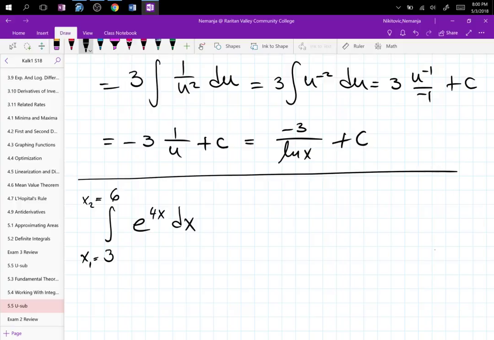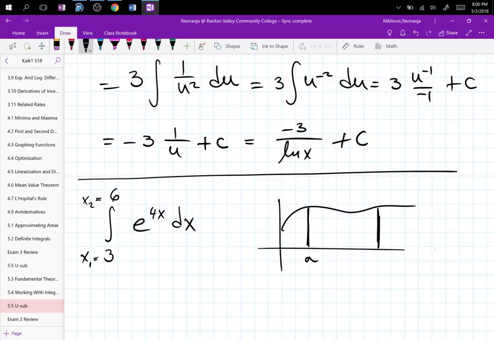Remember where the definite integral is coming from: computing area under the curve from point A to point B, so that you can write integral a to b of f of x dx. This a and b are both on the x-axis, and that's why I call them x1 and x2. Those are x values.